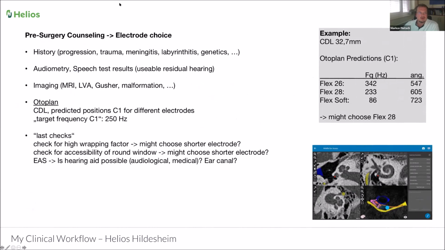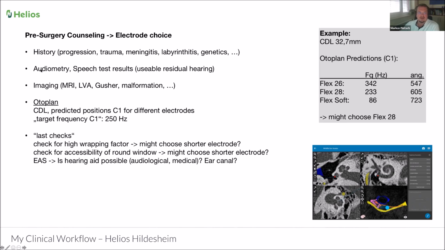Well, then for our workflow, for the electrode choice preoperatively, we use a lot of parameters. We look at the history of the patient, how is the progression of the residual hearing, what is the cause for the hearing loss: trauma, meningitis, labyrinthitis, is there any genetics that might have an influence.